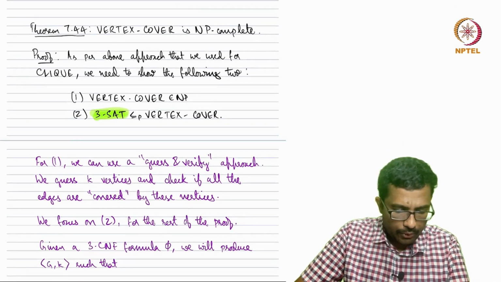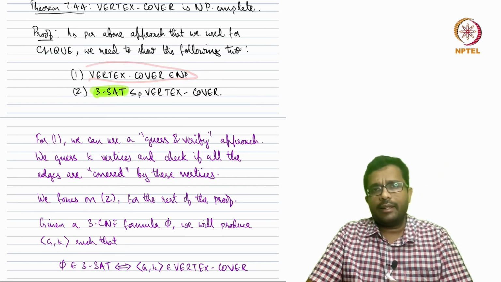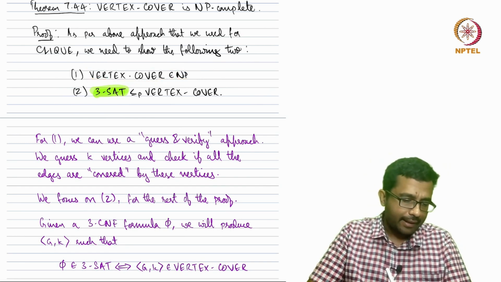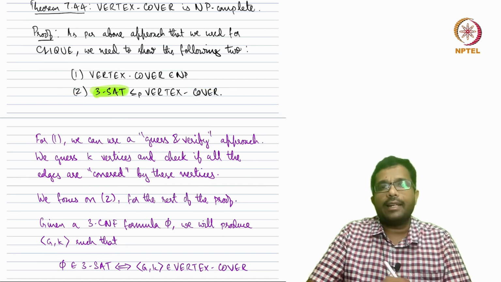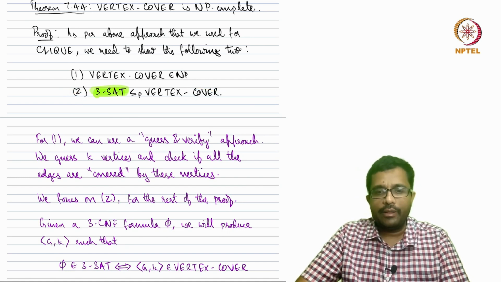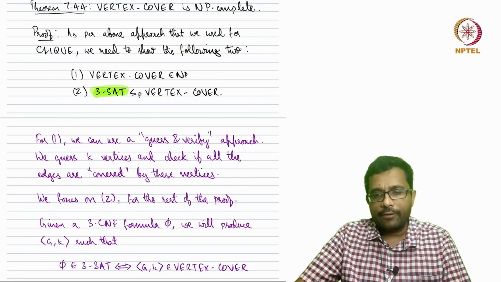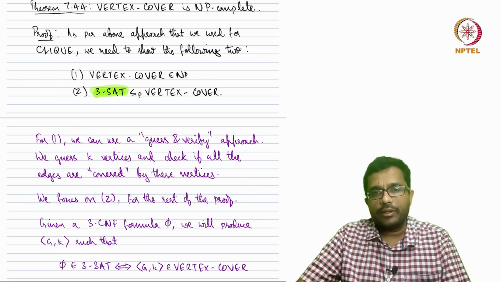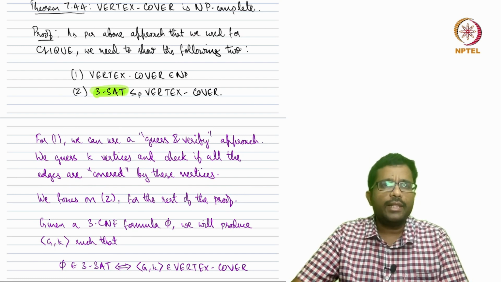The first part is easy. Usually the hard part is the second part, showing that an NP complete language reduces to vertex cover. If you are trying to show that a language C is NP complete, the reduction from a known NP complete language to C is usually the harder part. To show that C is in NP is usually easier.